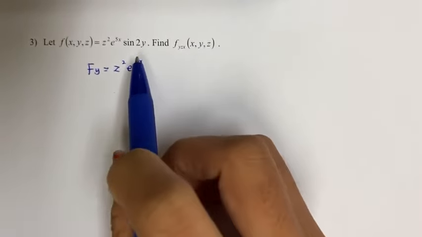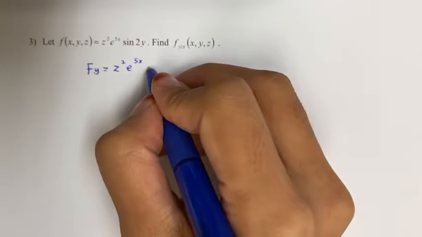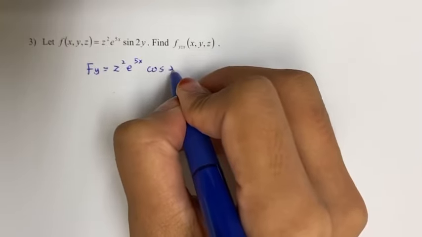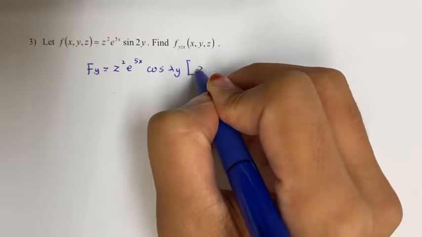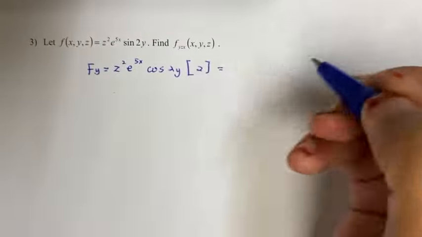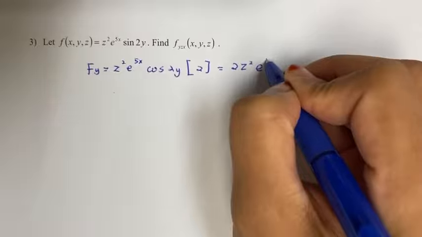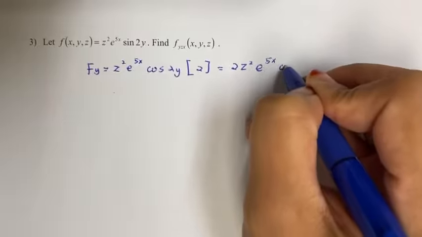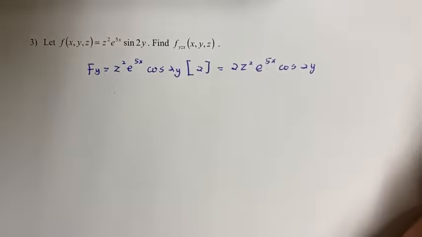Then differentiate y. So sine 2y, differentiate sine 2y becomes cos 2y multiplied by 2. So this is equal to 2z squared exponent 5x cos 2y.